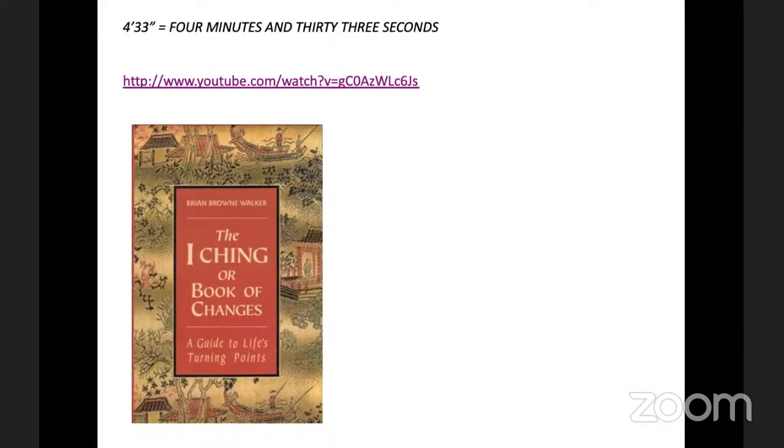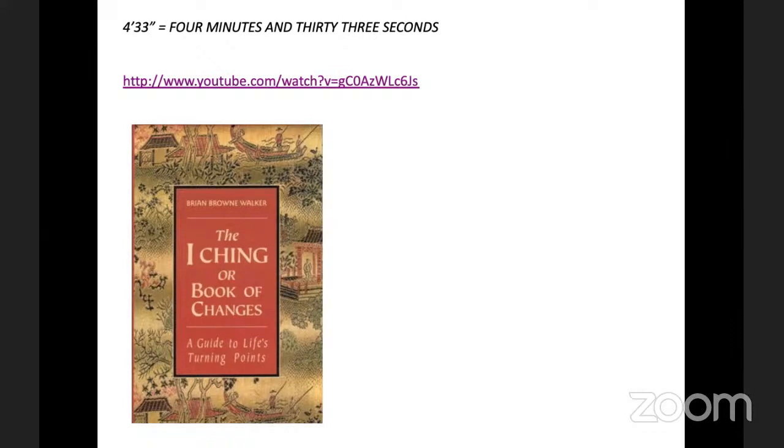So we start with the time, 4'33", quite a mysterious, strange number. How did he decide that it was that length? There were two things that led him to this time length. One was the I Ching, or the Book of Changes, which is a guide, as it says here, to life's turning points.